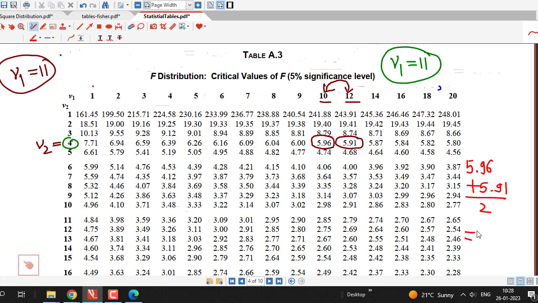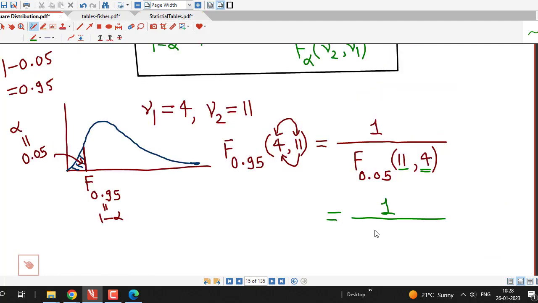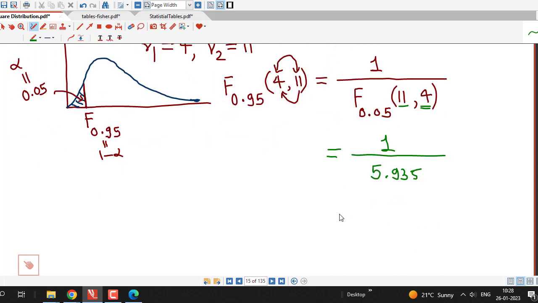Let me calculate this. 5.96 plus 5.91 divided by 2, and I find that this is equal to 5.935. So this will be my value here, 5.935, and here I am using 1 divided by 5.935, and this turns out to be 0.1685.